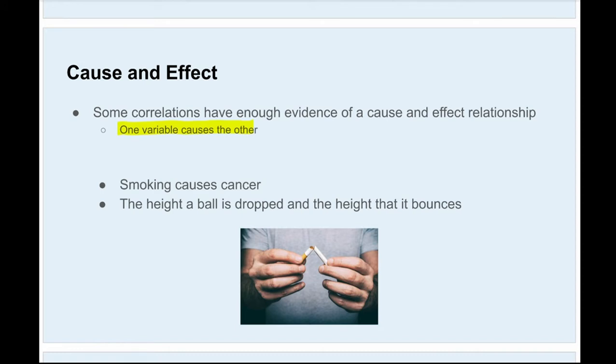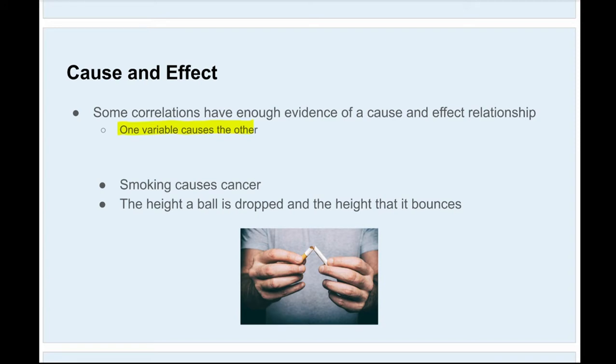There's enough correlation between different variables and different factors where we can conclude that smoking causes cancer. You look at all the carcinogens that are in cigarettes and other smoking devices, and all those factors and the rates of cancer in individuals who smoke. We can say that there is a cause and effect between that.